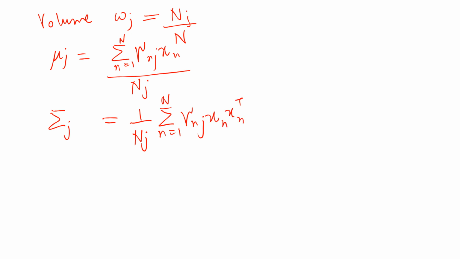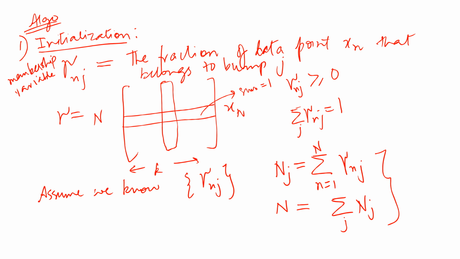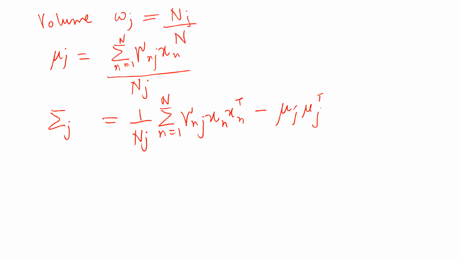Why is the gamma coming in? Because I don't know the contribution of each of these. Of course, I know the definition of that, minus mu j, mu j transpose. That's it. So now, from the definitions, I can calculate these three parameters. And I began by saying that I know this gamma. And then based on that gamma, I can calculate these parameters. So once I have them, I'm done with my step 1.